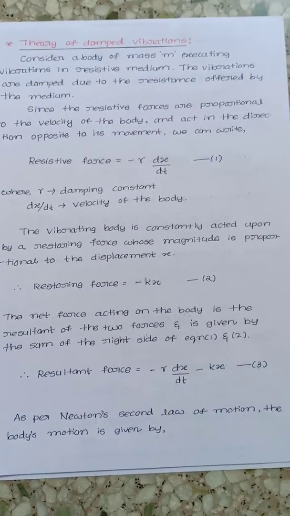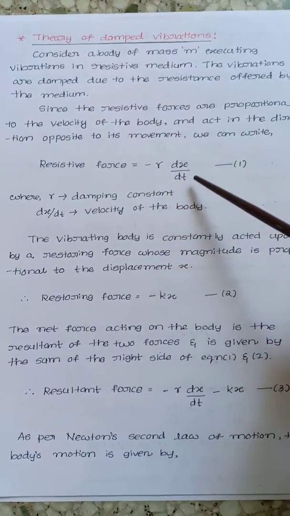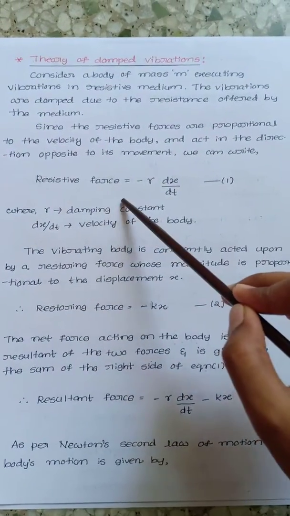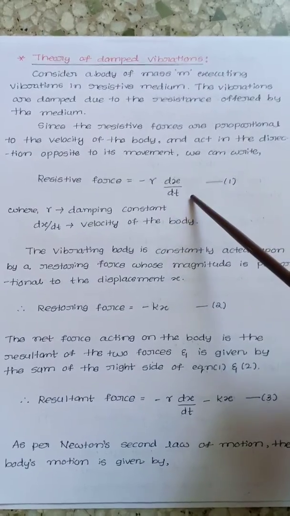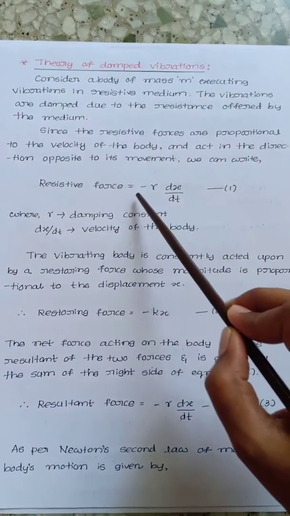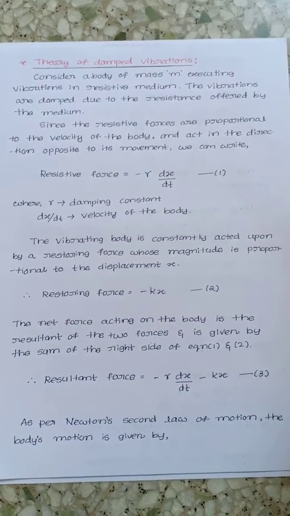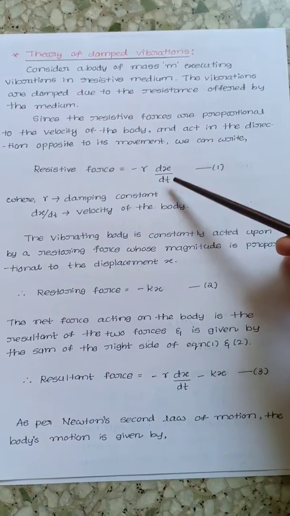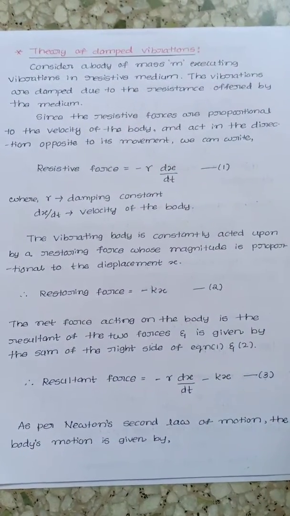The resistive force is given by minus r into dx by dt, which is nothing but the resistive force directly proportional to the velocity of the body. The negative sign indicates the direction opposite to its movement. Here dx by dt is the velocity of the body and r is the damping constant.